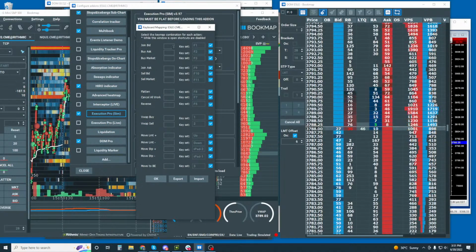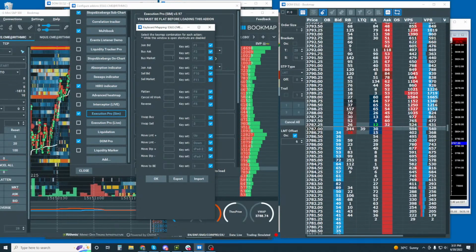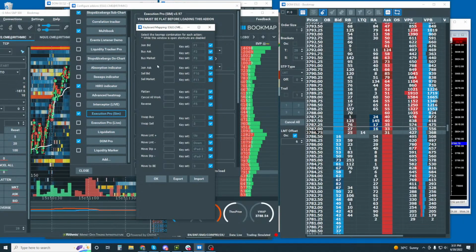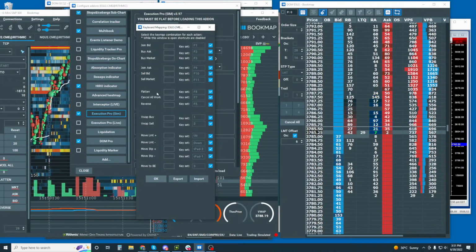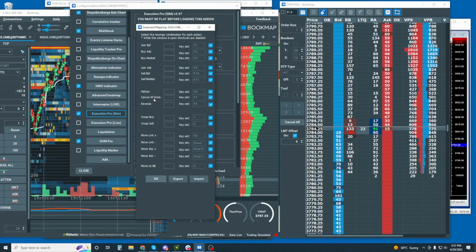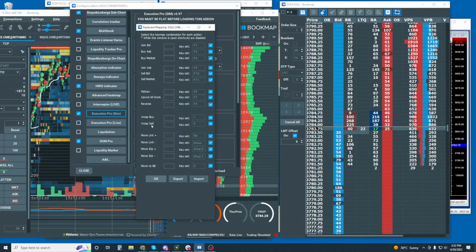This is a very quick way to get in and out of the markets. You've got the keystrokes here for the bid side, here's the sell side on the ask, here's flatten, cancel all working orders, and reverse. The VWAP strategy, we're going to get into in a minute.